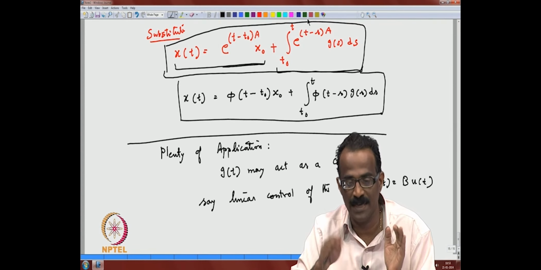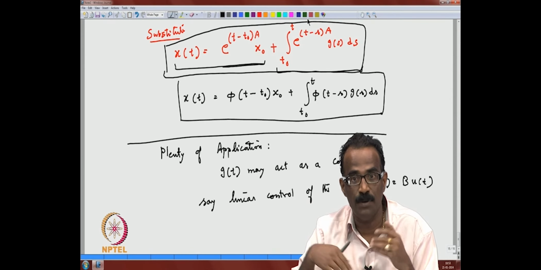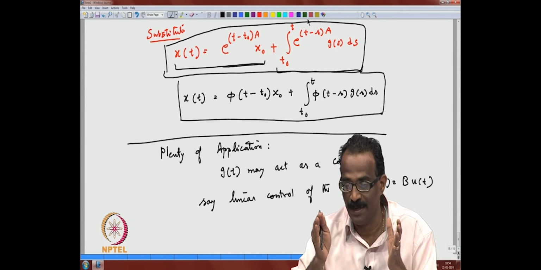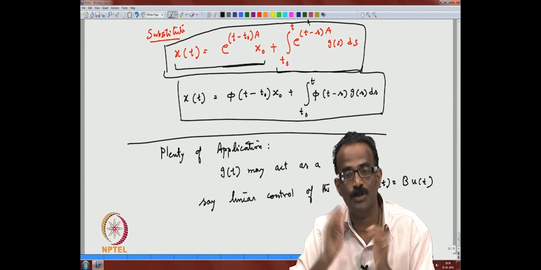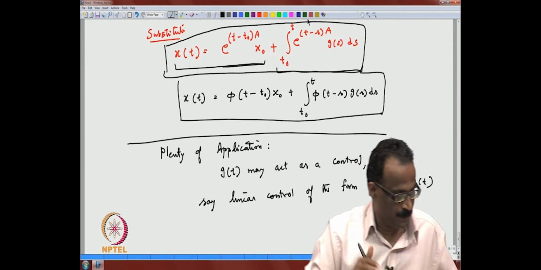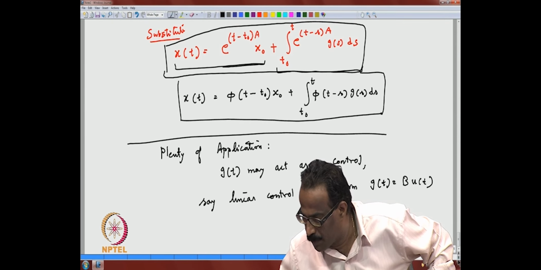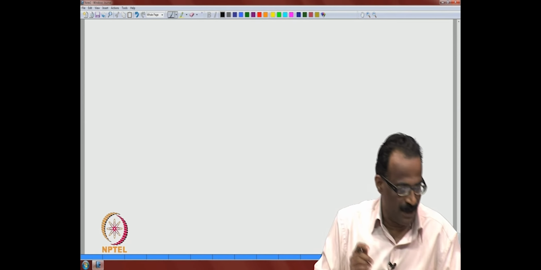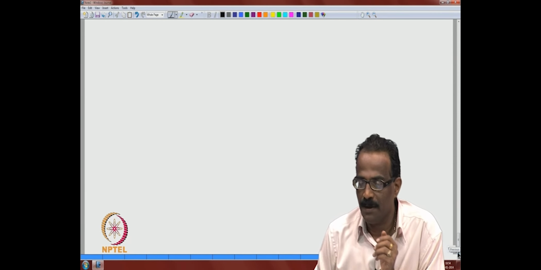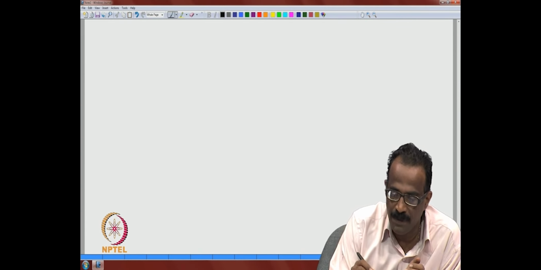You are trying to understand this phi t minus t naught of x naught completely according to various forms, how to compute that one. Once you compute, you also have a second term that corresponds to the non-homogeneous part. With this we more or less end our topic, but we make a slide or just one or two comments about the non-autonomous system, and we will stop here.